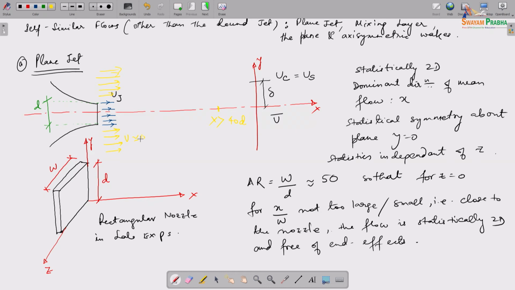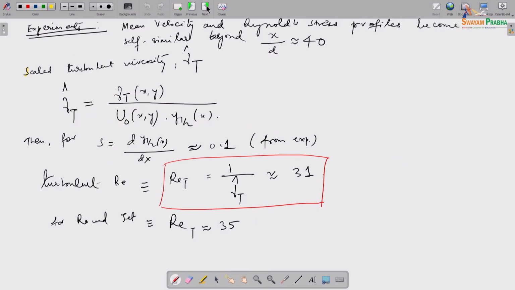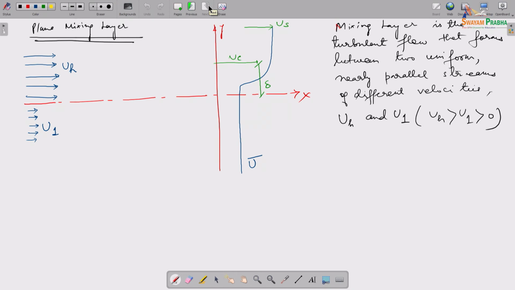This is quiescent. So if I go here, I have a UH, which is my jet. So UH is equal to the jet velocity, and U1 is equal to 0.